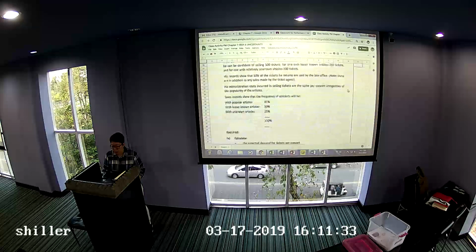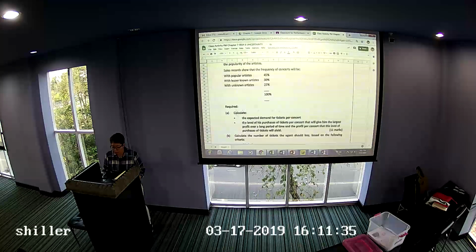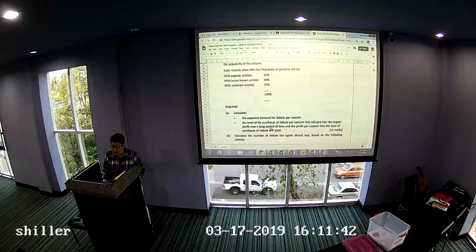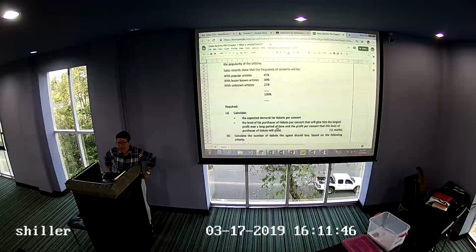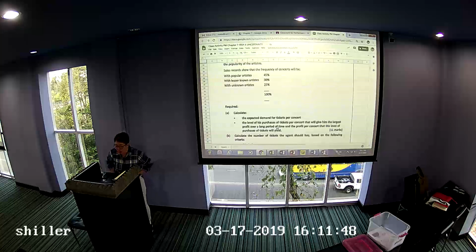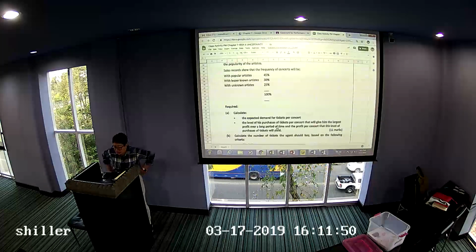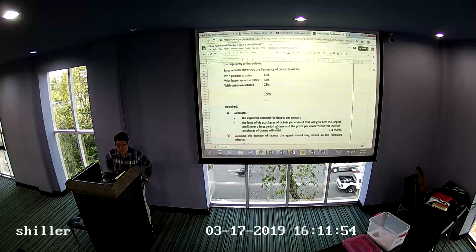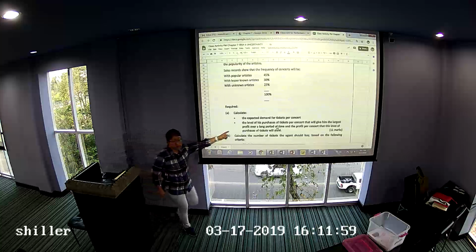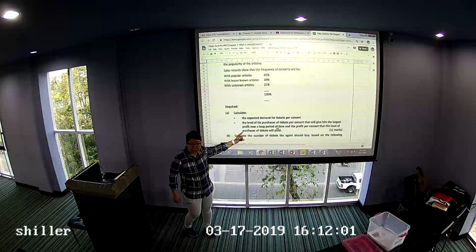So the first requirement is you are to calculate the expected demand of the concert, and using the EV, we will have to give them which number of tickets they need to buy to give the largest profit over a period of time. But before we can do the second part, you need to prepare a profit table.